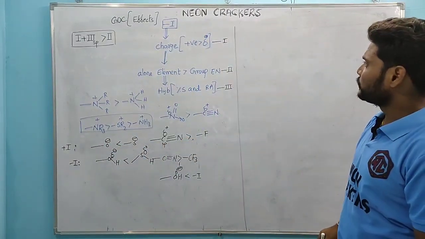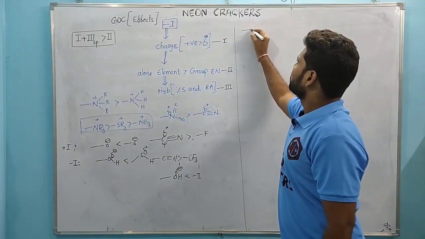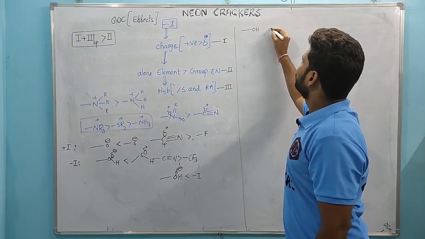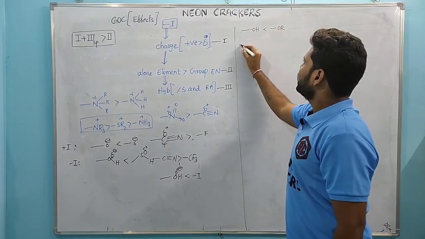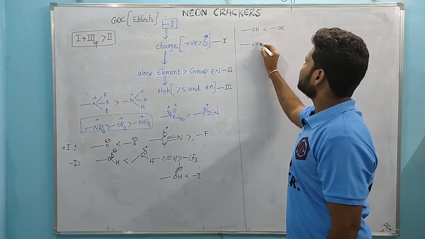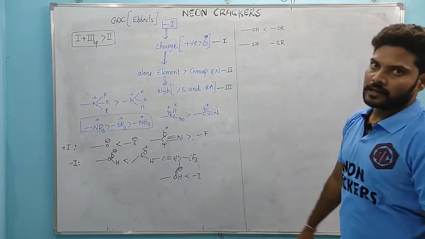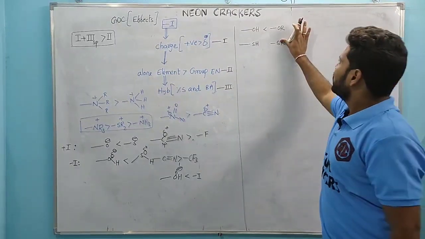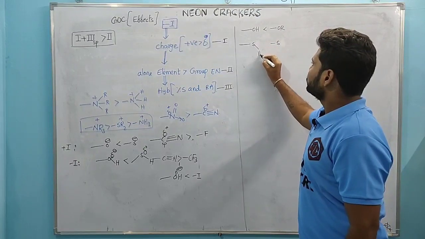Next one is group elements. Now between OH and OR, we have already derived this. Between SH and SR, SR means you can take C-S-C, so you can draw like this, and the other has hydrogen.